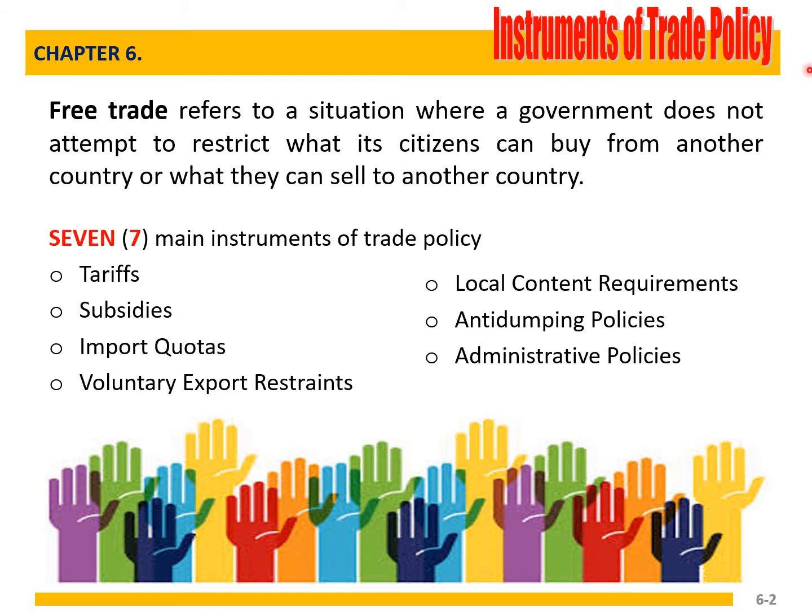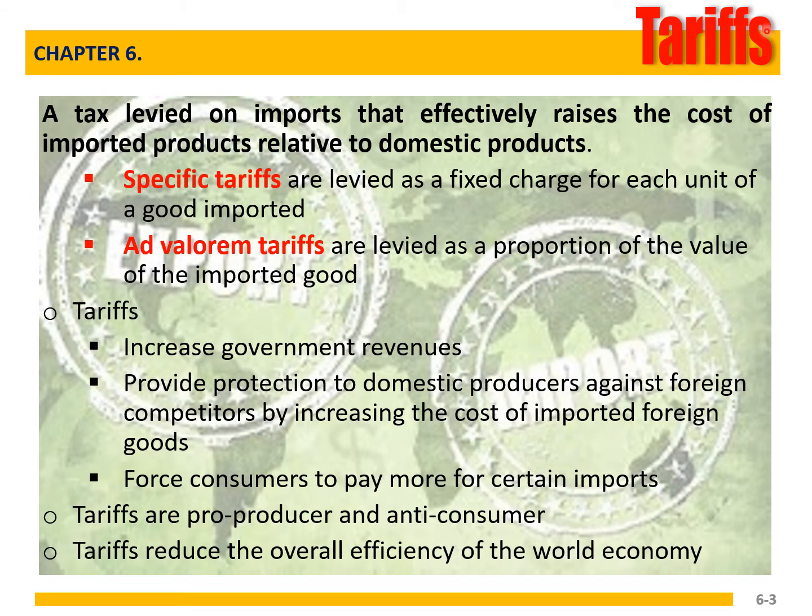Instruments of trade policies. Trade policy uses seven main instruments: tariffs, subsidies, import quotas, voluntary export restraints, local content requirements, anti-dumping policies, and finally, administrative policies. Tariff.